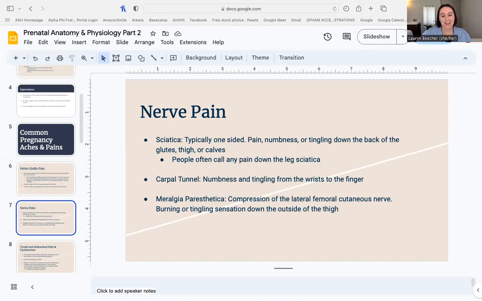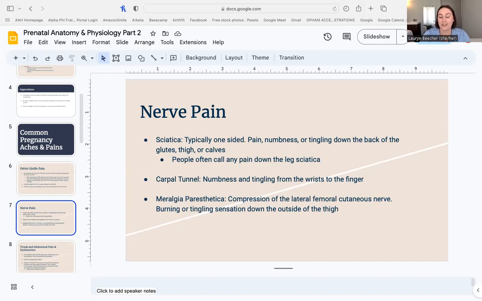Kind of a fun fact, the sciatic nerve is one of our thickest nerves in the body. It's actually about the width of a pencil. So when it's really irritated, sometimes people will feel that pencil-sized structure underneath the glute area, and it feels really sore and it feels really tender. So if someone is describing pain down the back of their leg, that is likely sciatica, or it's related to something that's going on with the muscles in that area of the back where the nerve roots come off of the spine.